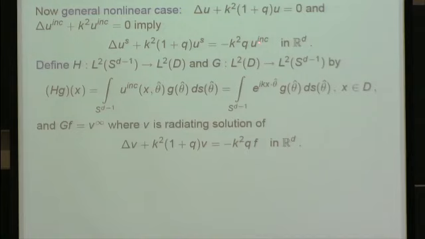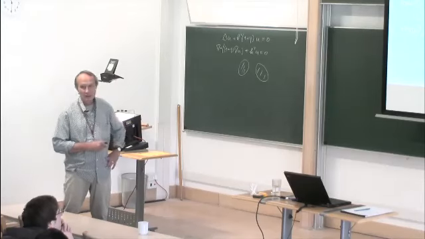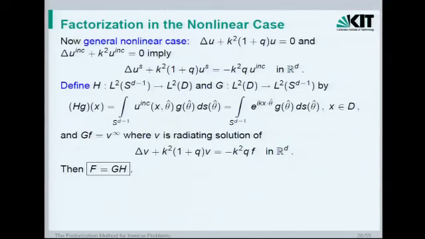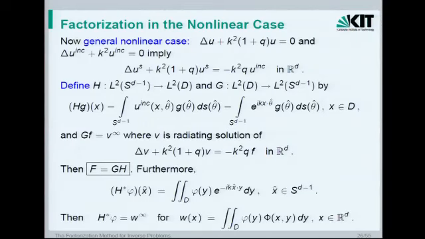So that means you have that F is, you apply first the Herglotz operator, so you make this superposition of the incident sources. Then you get this, and then you apply the operator G, which maps F, which is now this, into the far field pattern. And that gives you the capital F. So this is the first factor of that.